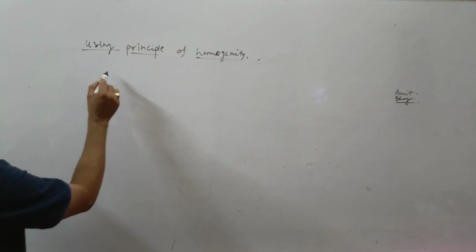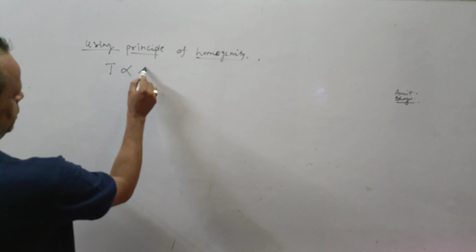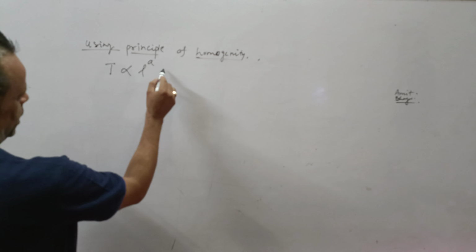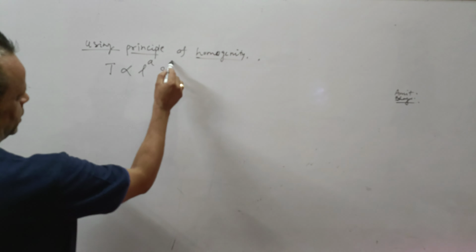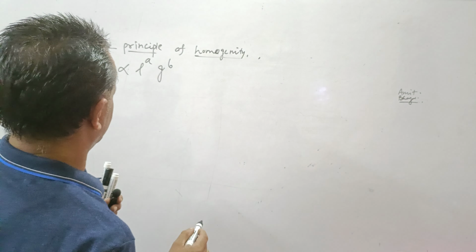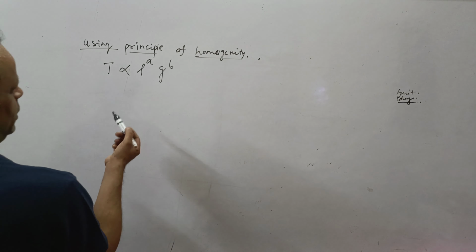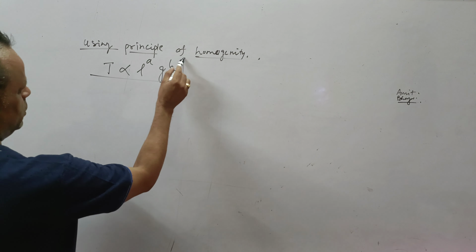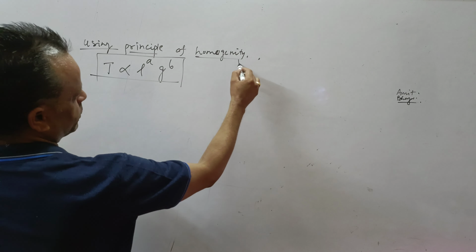Suppose we say that the time period of a simple pendulum depends on the length to the power a and the acceleration due to gravity to the power b. What are the powers a and b? We will be able to get them using the principle of homogeneity.